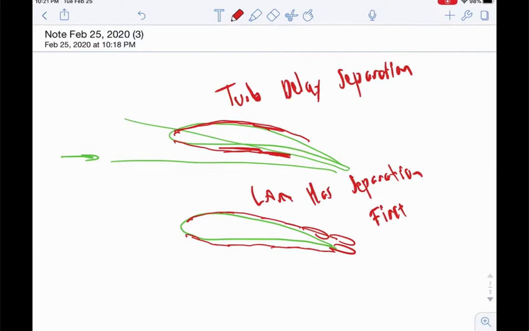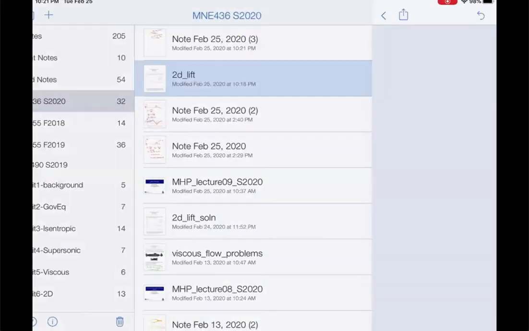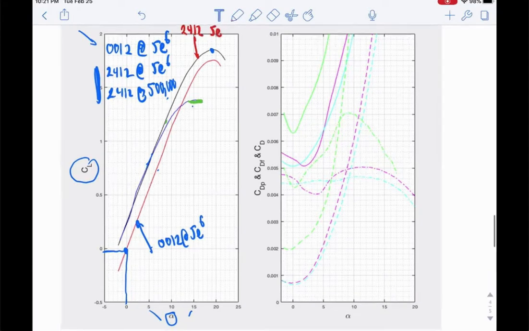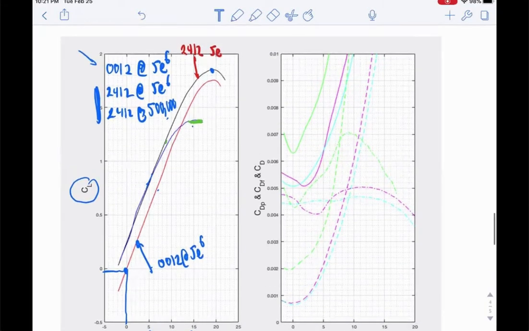And that's exactly what we're seeing in this little plot from XFOIL. The only difference between the black and the blue case, let me clean up this section here, the only difference between that black and blue line is the Reynolds number, and this is the higher Reynolds number. This is the 2412 at 5 million. Oops, so right there, at 5 million.